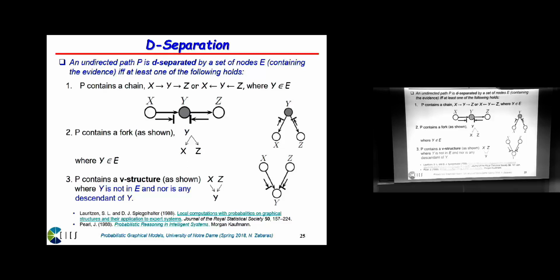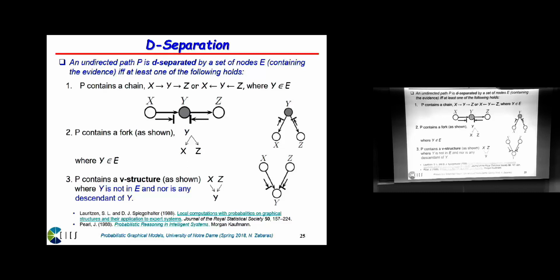So if you try to go from X to Z or from Z to X, the path is blocked. I haven't said what the relation with independence is yet. I'm just giving some definitions, all right? But we can motivate what these definitions are about. We will show that in this case, with this fork structure and Y in the evidence, X and Z are conditionally independent given Y.